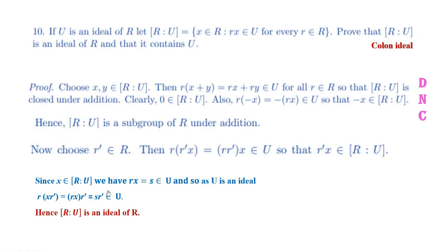This rx is taken as s. So s r prime, because U is an ideal, will be in U. Our job is to show that r into x r prime is in capital U. That is written in this way because of associativity, and this rx is already in U. So because capital U is an ideal, it is in capital U. So R colon U is an ideal of capital R.